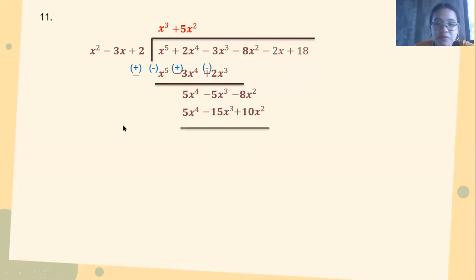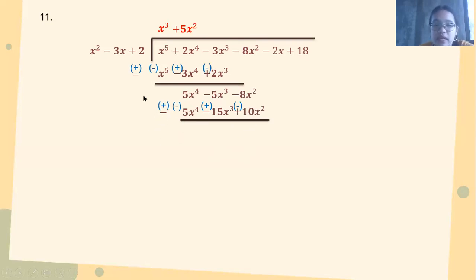Next, we subtract them and change the signs of our subtrahend. We have 5x raised to 4 becoming negative 5x raised to 4. Negative 15x cubed becomes positive 15x cubed. And 10x squared becomes negative 10x squared.